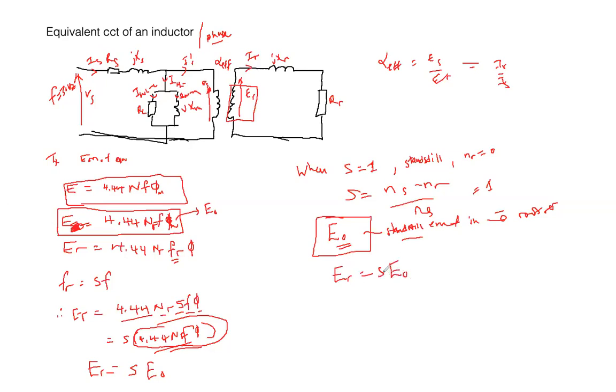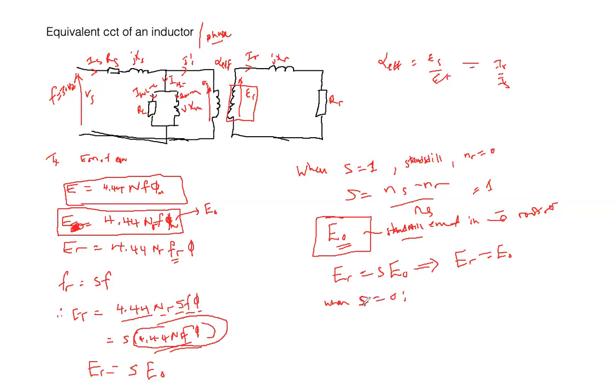So this S changes. So we can say when S is equal to 0, you can now see that ER will be equal to E naught. So the rotor EMF at standstill will be equal to that one, right?